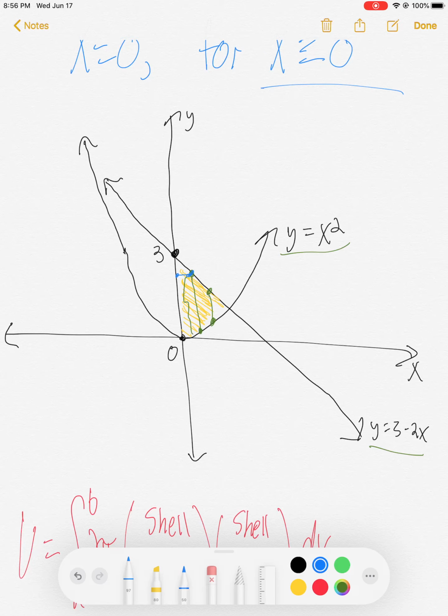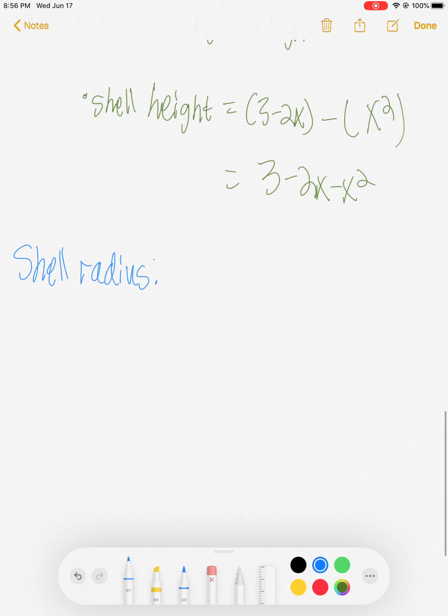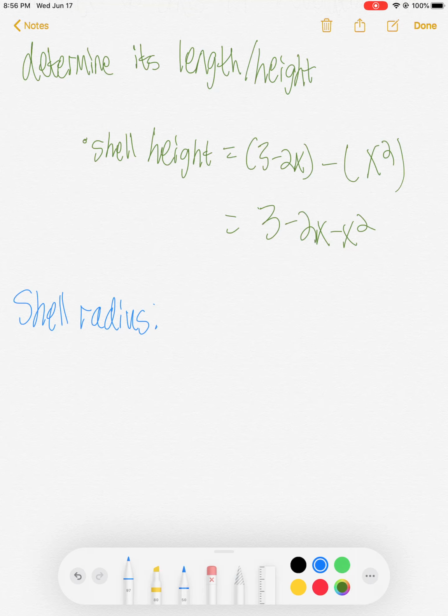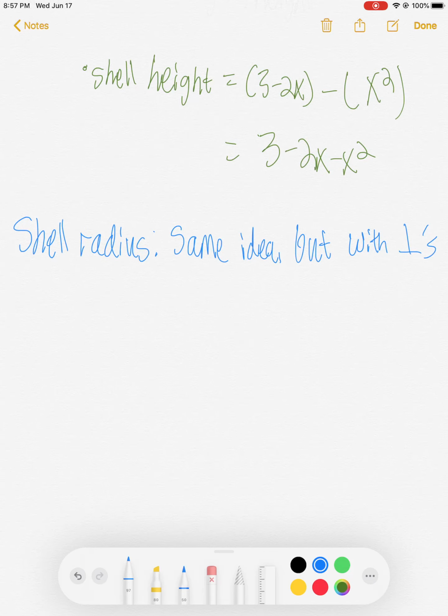And as we can see, this is just going to come out to be x, because we go out and we keep going until we get to whatever x is. So this is kind of the same idea, but with perpendiculars, and so in this case, the radius is x.